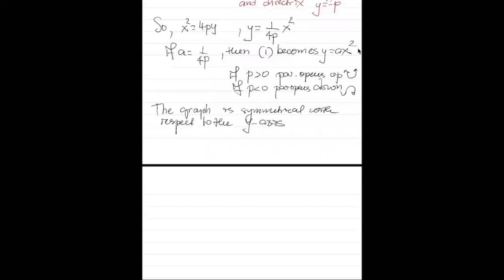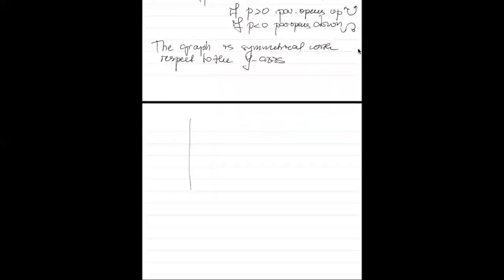So let's show the picture. In this case, the parabola opens up. We set the vertex to be the same as the origin. The focus is right here, (0, p), and our directrix right here has equation y equals negative p. The equation is x squared equals 4py, and p is positive.